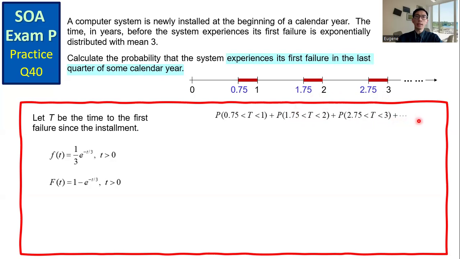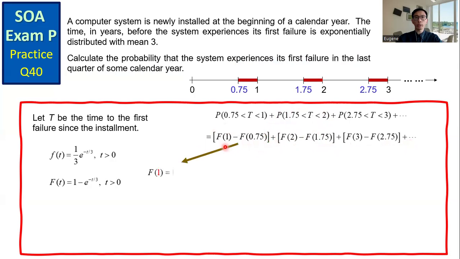We write this in terms of the CDF. The first term, we have F1 minus F of 0.75. And then the second term, we have F of 2 minus F of 1.75, and then so on. Let's calculate the first term, F1.